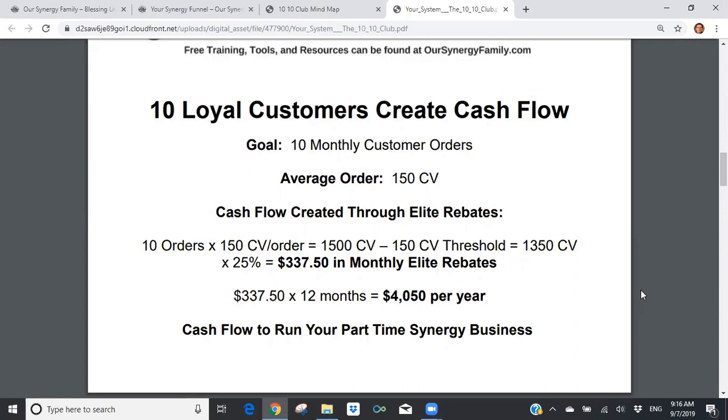So I can take some of that income, put it into marketing strategies to continue to drive traffic to my replicated website, my videos that I do on YouTube, and other things to be able to continue to build that customer base.